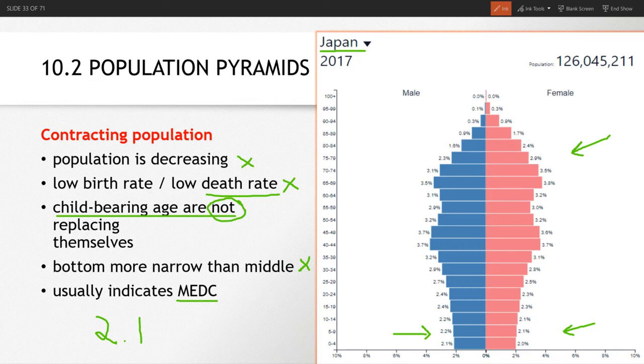Okay, so contracting populations, one of the biggest issues that this type of population would have would be that because of the low birth rate, there's going to be perhaps a lack of workers for the economy. Okay, so as middle-aged people here get older and older, and it adds to an aging population, those seniors are going to need health care, they're going to need services, and they're going to take up a larger and larger portion of the population over time.